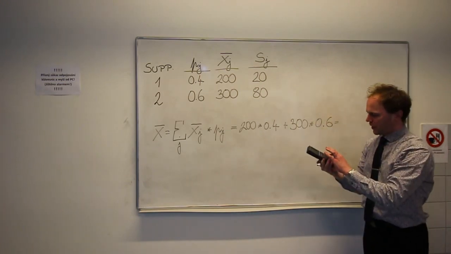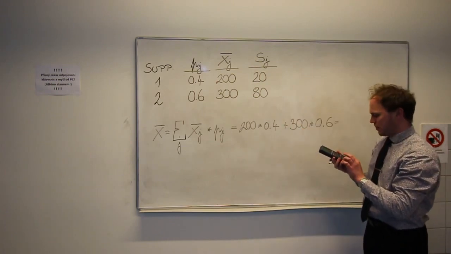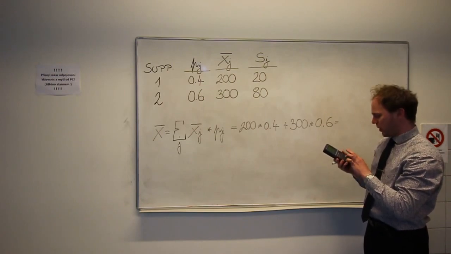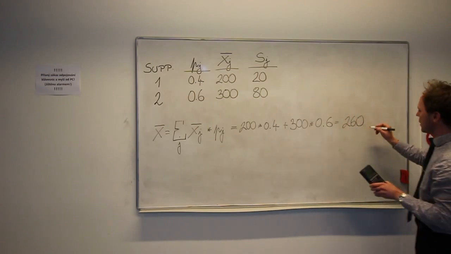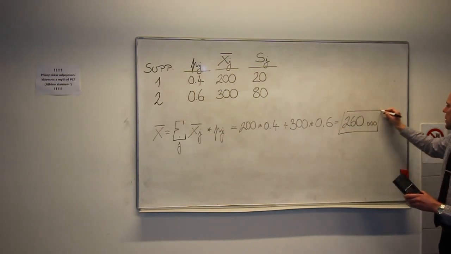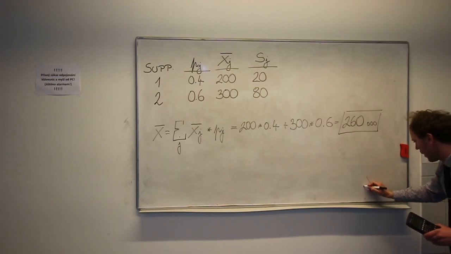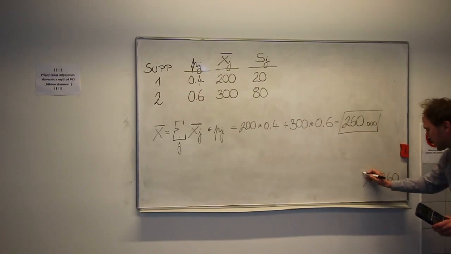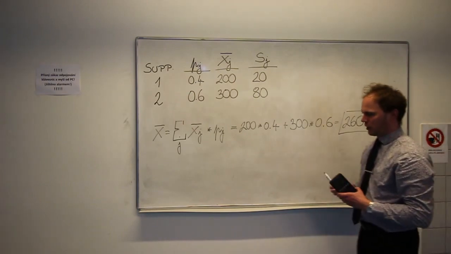You know that multiplication has bigger priority than summation, so 200 times 0.4 plus 300 weighted by 0.6, and the result is 260,000 Czech crowns. So this is the total mean. I will write it here, x with stripe is equal to 260,000, total average, the total mean.